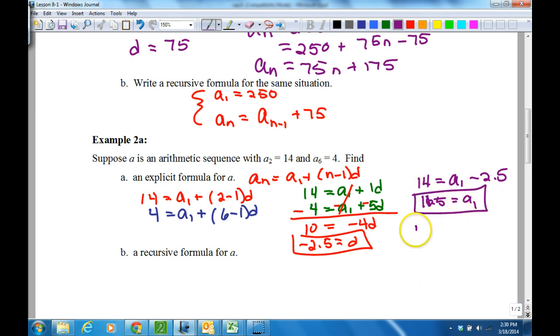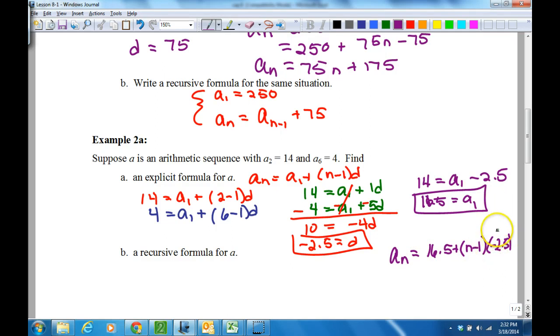16.5. So my a sub n is equal to 16.5 plus n minus 1 times negative 2.5.